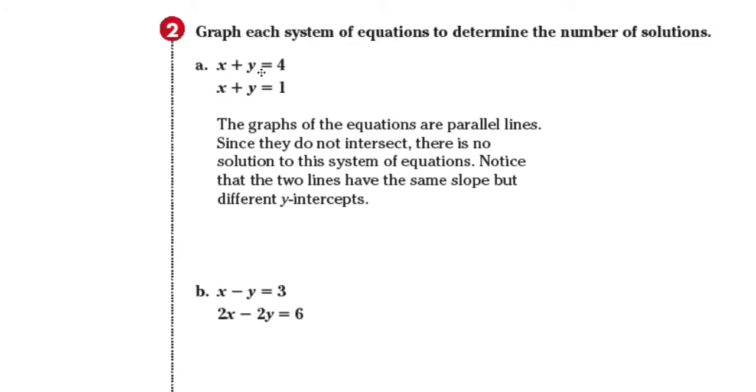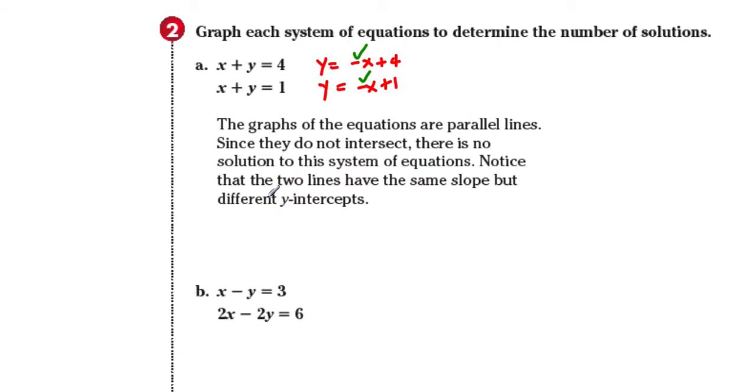If I put these in the form y equals mx plus b, this becomes y equals negative x plus 4, and this becomes y equals negative x plus 1. The slopes are the same: negative 1 and negative 1. So they are parallel lines.